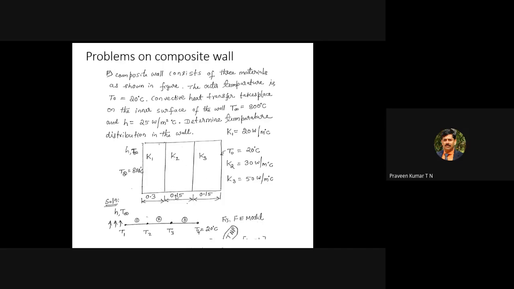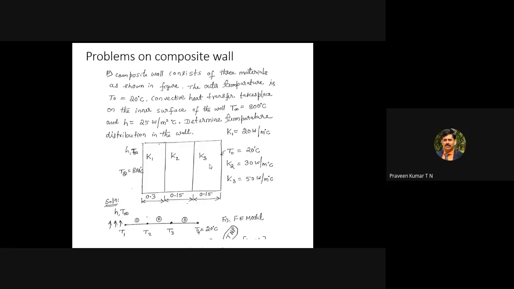Even though the fluid inside is flowing at 800 degrees Celsius, the outside wall of the pipe is only at 20 degrees Celsius. The pipe has three layers, each with a different K. That is a brief introduction about the problem.